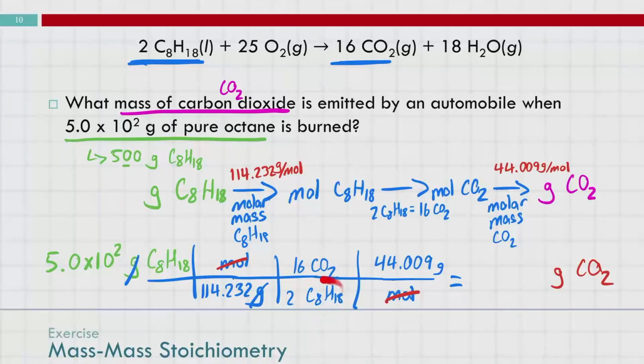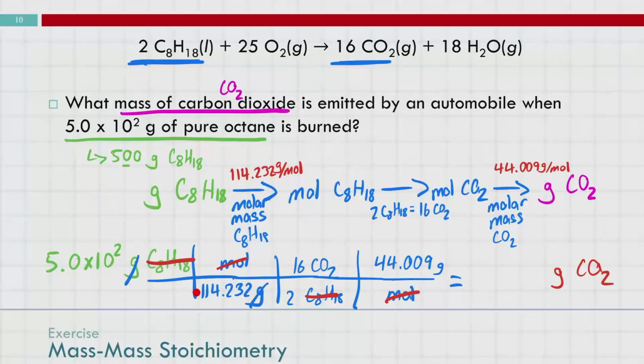So now that we've swapped it, our C8H18, we've got one on the top, one on the bottom, so those will cancel out as intended, as desired. And so the units that come through are CO2 and grams. So a bunch of stuff to plug in the calculator. 500 times 16 times 44.009, and then divide by the things that are on the bottom.